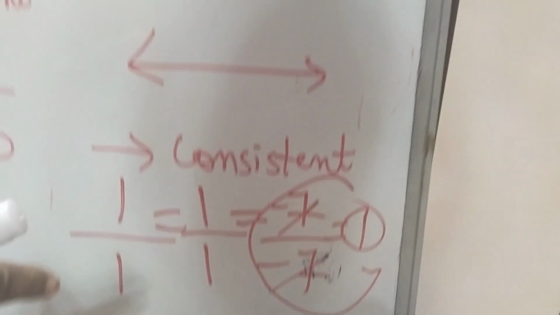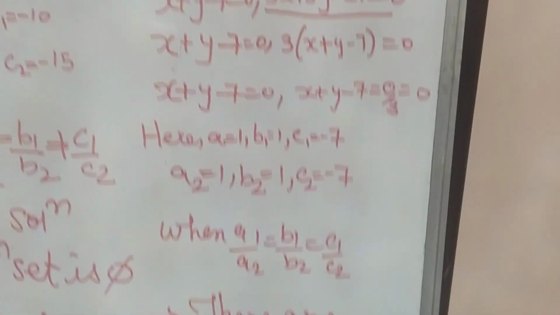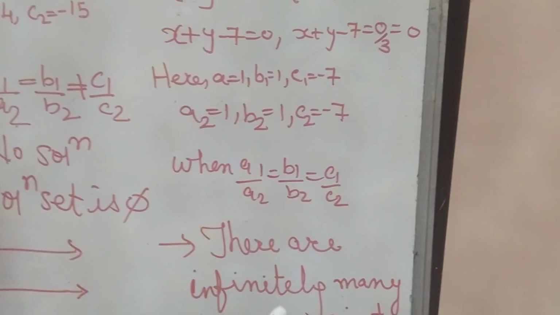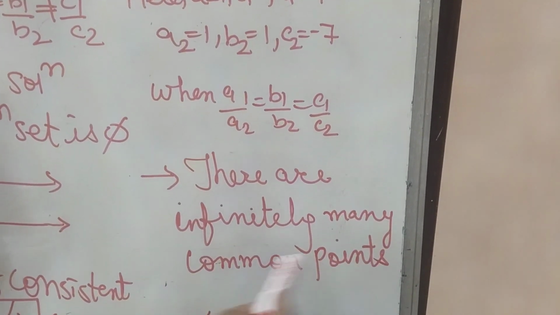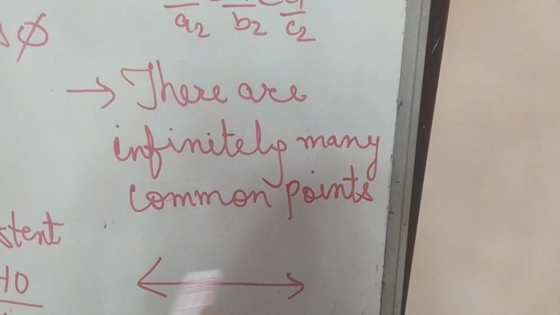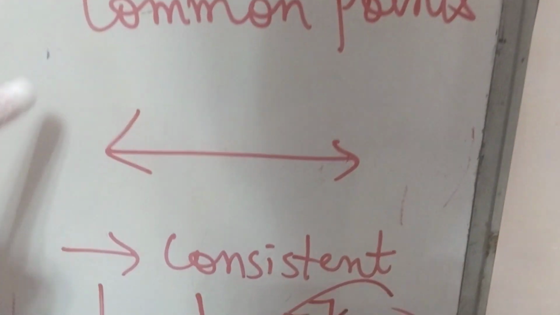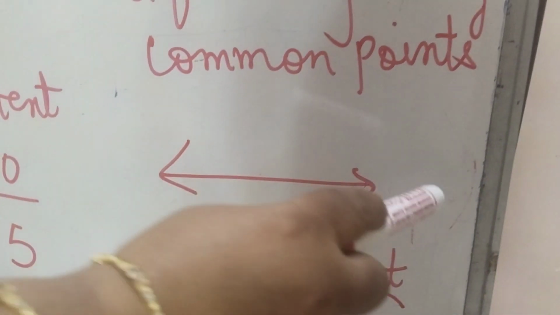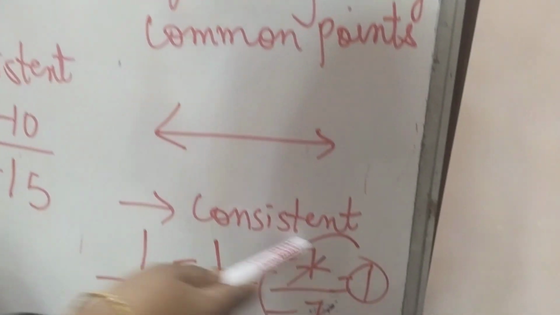When you get this type of equation, it means you will get infinitely many common points, a single line. The nature of the graph is a single line, and it is a consistent equation.